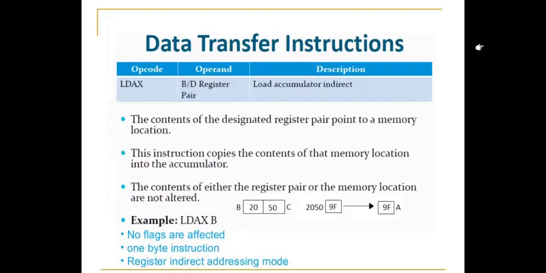Next we have LDAX. Just now we saw LDA. Now what does LDAX mean? Let's keep this in mind. If an instruction ends with A, it is specifying the accumulator. If an instruction is ending with I, then it will specify immediate.